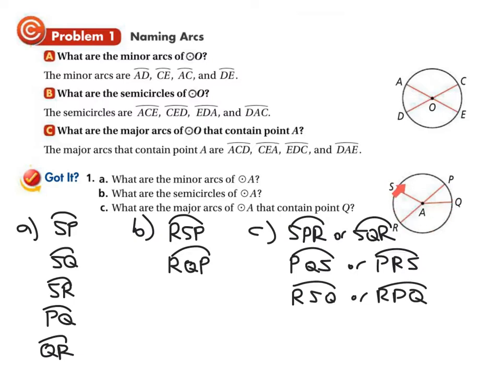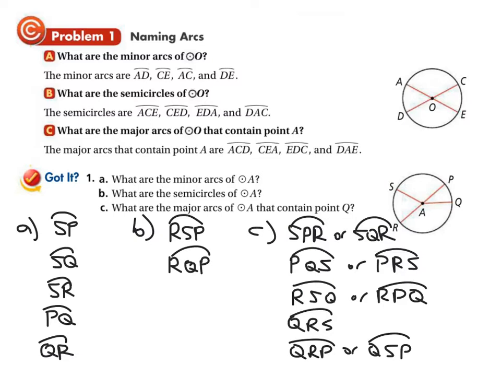So we can go Q to S, Q to P. QRS, that's the only way to name that one because there's no other point that it goes through there. Okay, what about if we kept going though? We could say Q to R to P, otherwise known as Q to S to P.